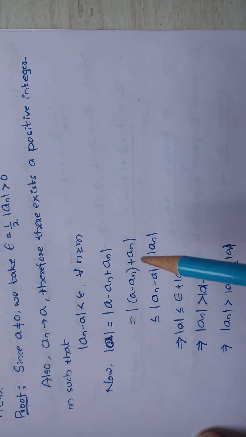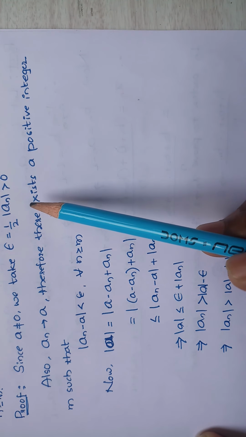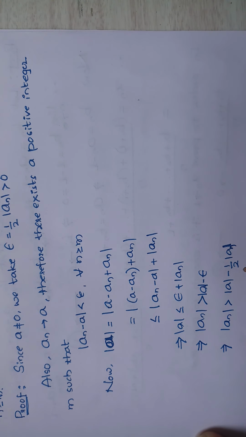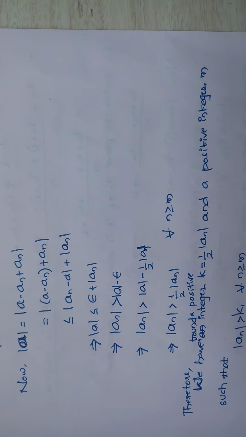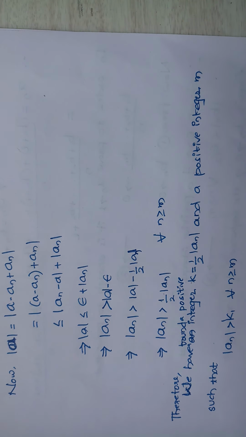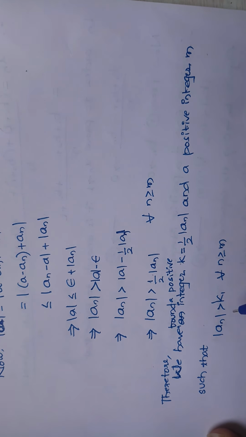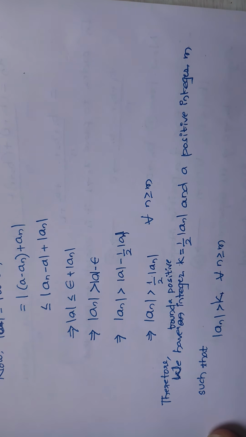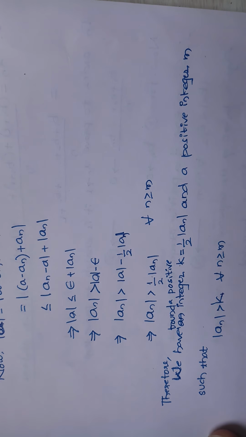Epsilon we have already taken as half of modulus of a, so I am putting that value here. Then modulus of a_n is greater than half of modulus of a. I am taking this as k, and a positive integer m such that modulus of a_n is greater than k for all n greater than or equal to m. So this is the theorem.